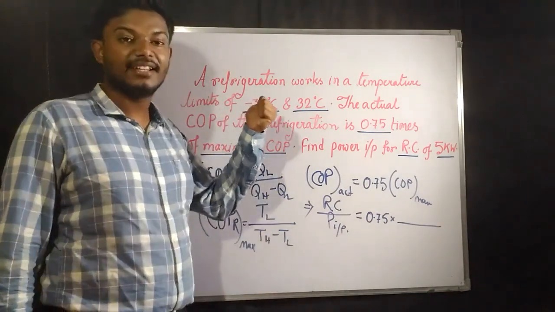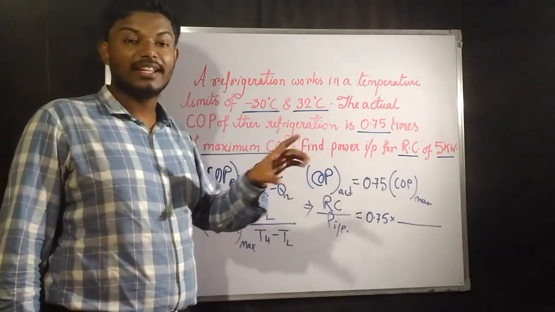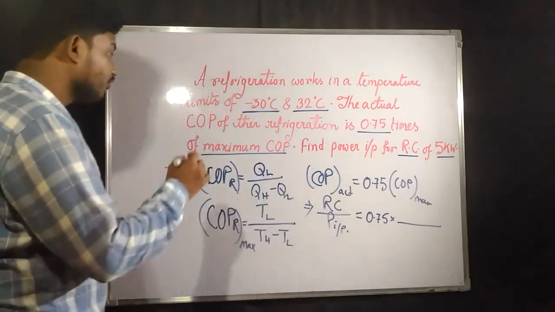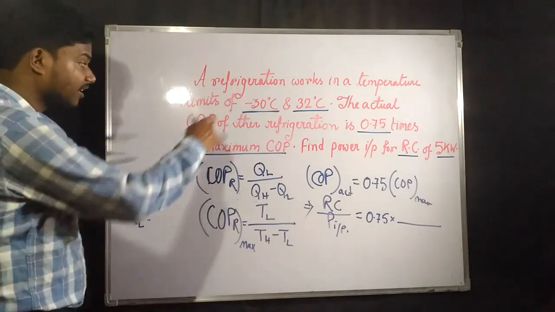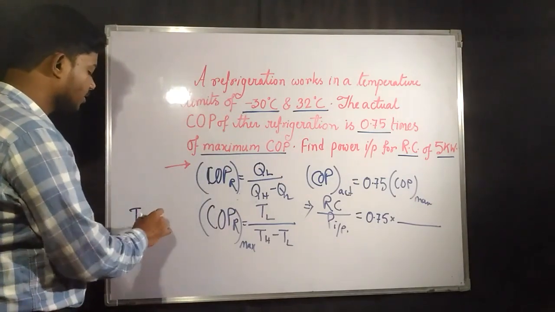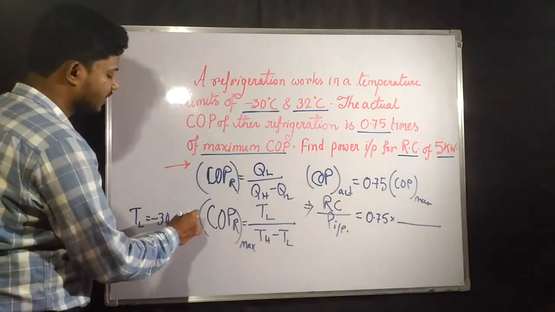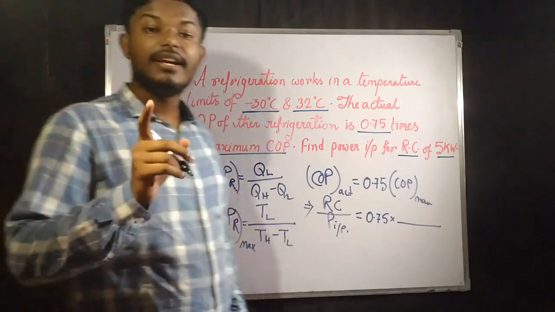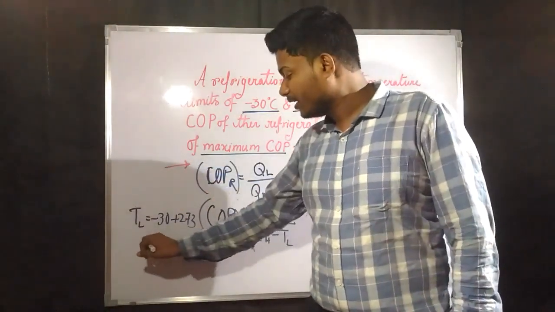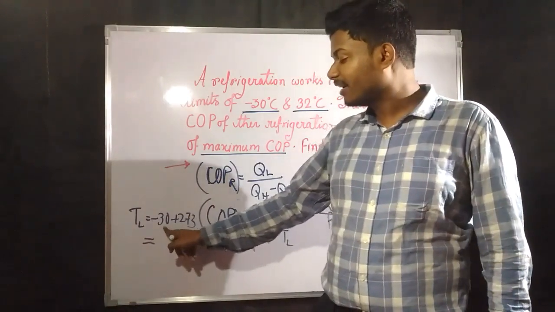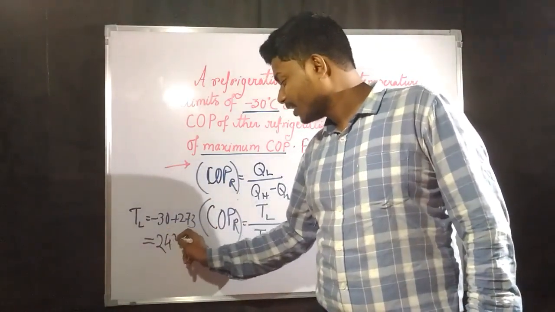Now these temperatures, TL divided by TH minus TL, are in absolute temperatures, but these are given in degree centigrade. Absolute temperature means we need to find them in Kelvin. If you want to find the lower temperature, this is given as minus 30 degree centigrade. So if you add 273 with it, you get the absolute temperature in Kelvin. Minus 30 plus 273 is going to be 243 Kelvin.